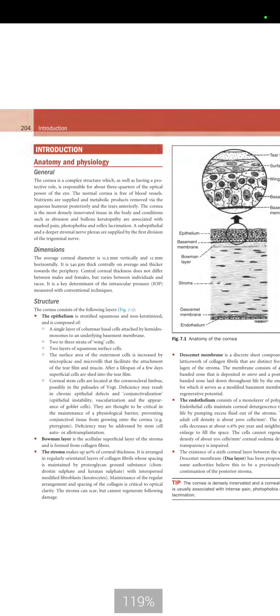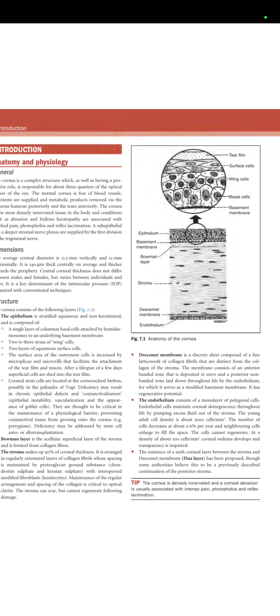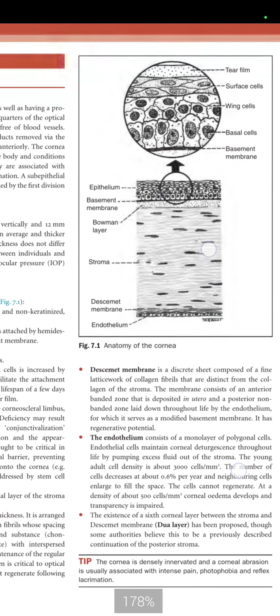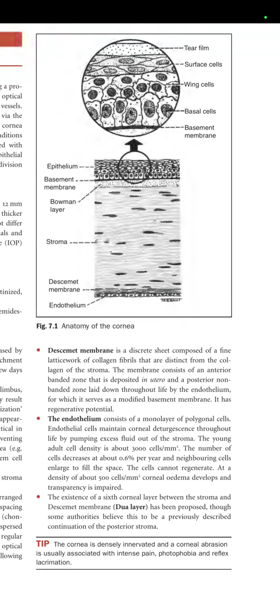So what we have learned is that the Descemet membrane has regenerative potential, but Bowman's membrane does not have regenerative properties. The endothelium consists of a monolayer of polygonal cells. Endothelial cells maintain corneal deturgescence throughout life by pumping excess fluid out of the stroma.